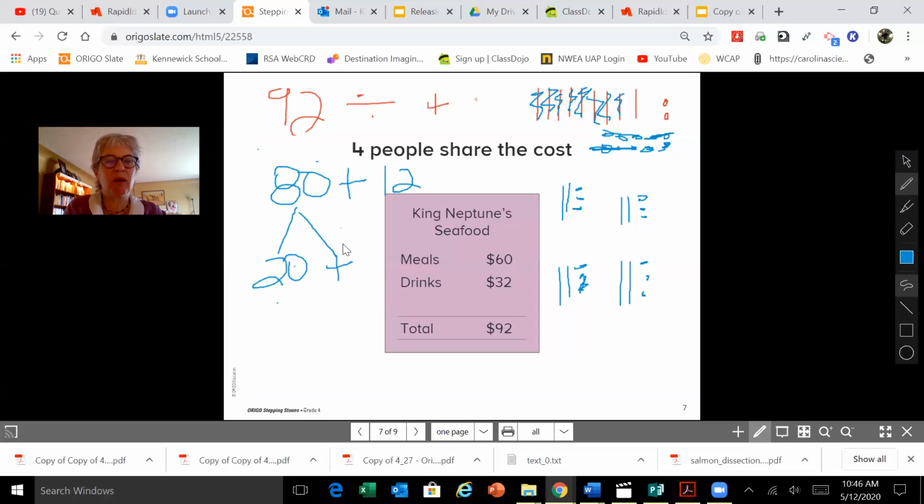I can see there's my 4, and I'm going to grab that 20. And then I can think here 12 is also 3 times 4. I love that. So I'm going to capture this, and I can see then that 20 plus 3 is going to get me over here.